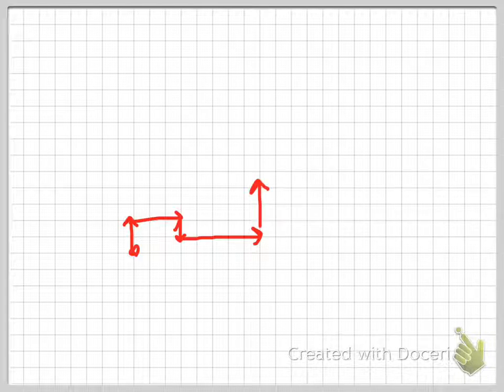So if I tell you to go 2 meters north, 3 meters west, 1 meter south, 5 meters west, 3 meters north, and 8 meters, what's my displacement? 4 meters north.